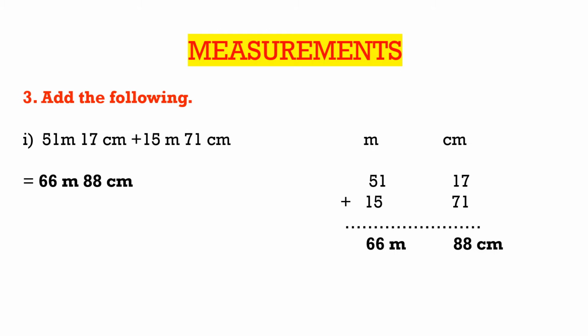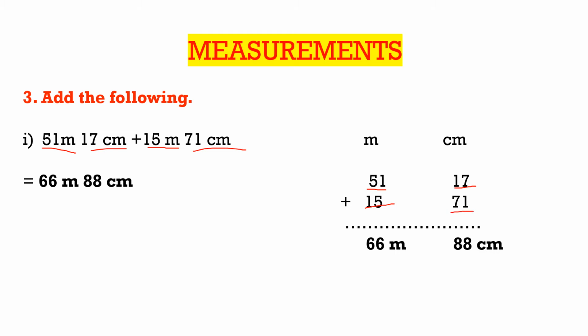First is 51 meters and 15 meters, in one column. We write 51 and 15 in the meter column, and in the centimeter column we write 17 and 71.